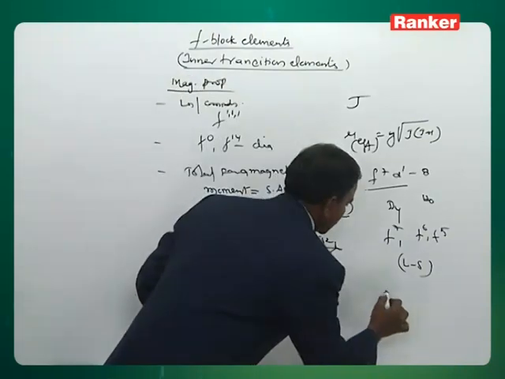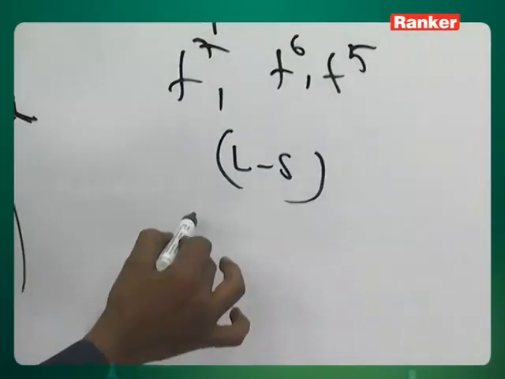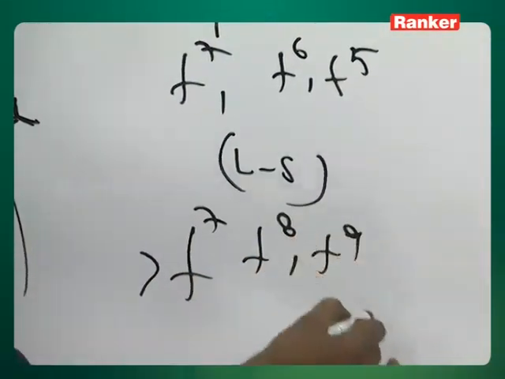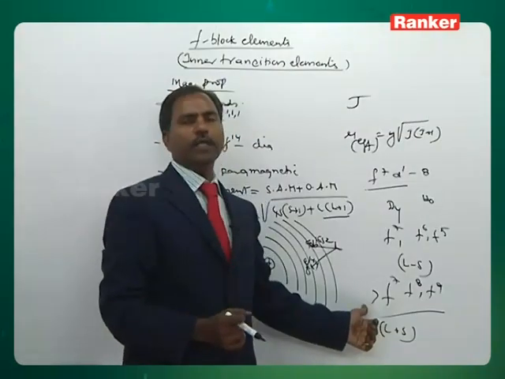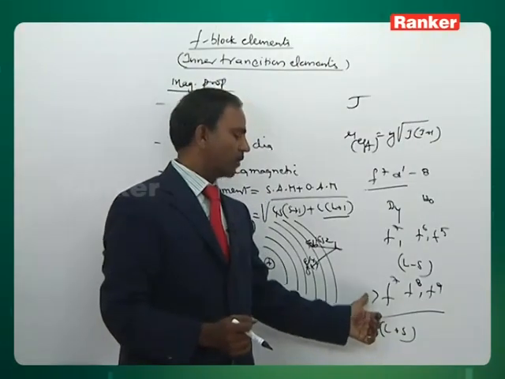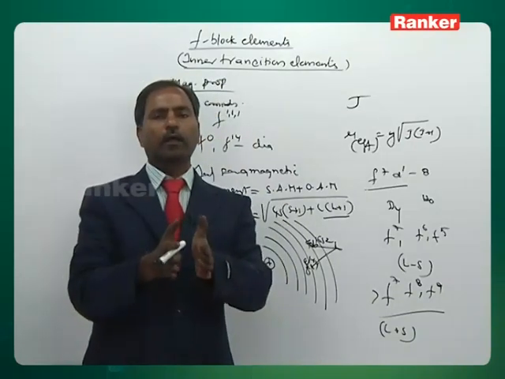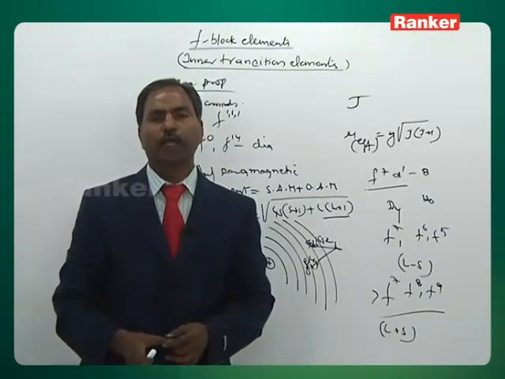Whenever the f subshell is more than half filled, consider f8, f9, then the spin angular moment and orbital angular moment work in the same direction.